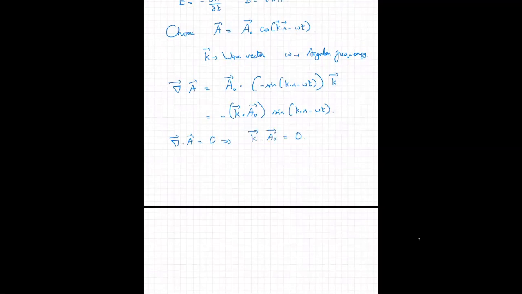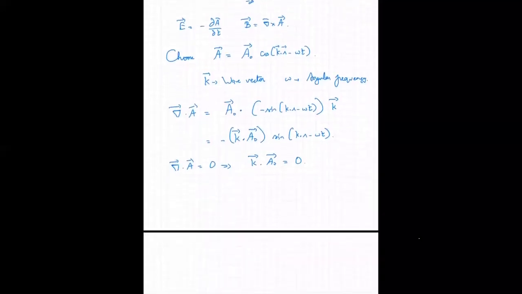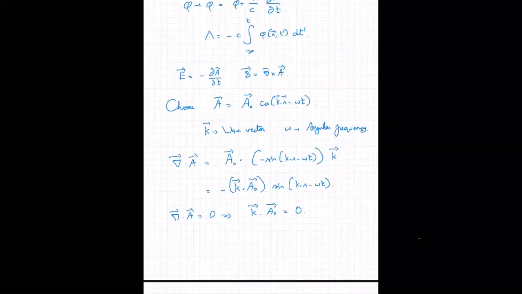Okay. What does this mean? K is of course the direction of propagation of the wave. And what does the direction of A0 signify? Well, since E is minus dA/dt, the direction of E is specified by the direction of A, and the direction of A is specified by the direction of A0.